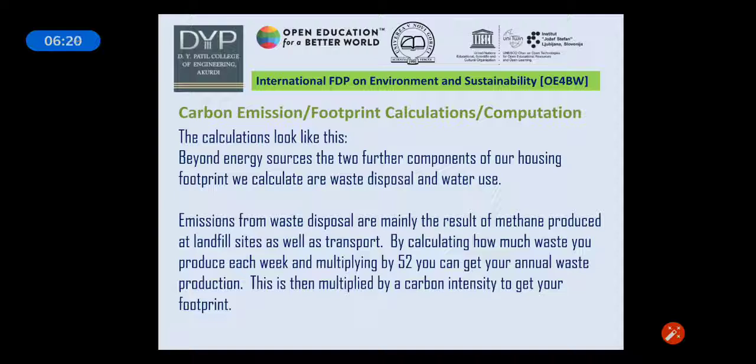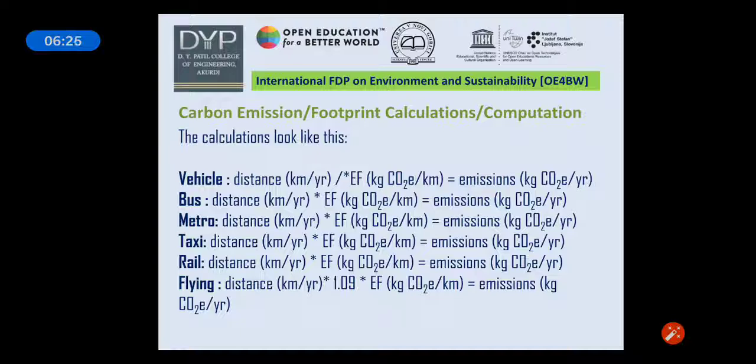This is then multiplied by a carbon intensity to get your carbon footprint. For transportation, we have considered different modes of transport, like vehicle, bus, metro, taxi, rail and flying. The distance in kilometers per year is calculated and multiplied by the emission factor to get the complete emission of CO2 in kg per year.